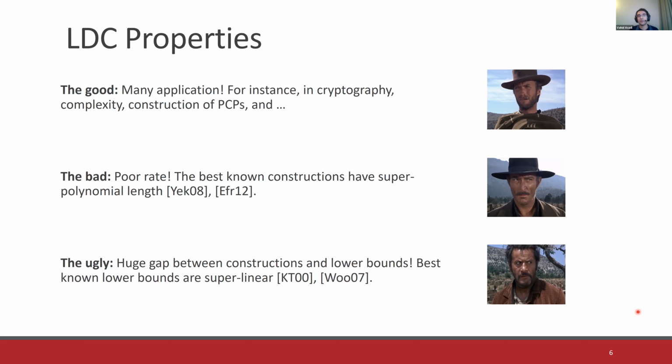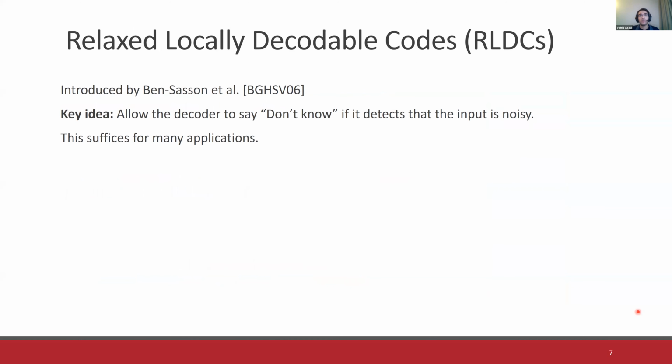And despite the great amount of research, there has not been much progress in closing this gap. So, motivated by these limitations and these gaps, Ben-Sasson, Goldreich, Harsha, Sudan, and Vadhan introduced the notion of relaxed locally decodable codes.